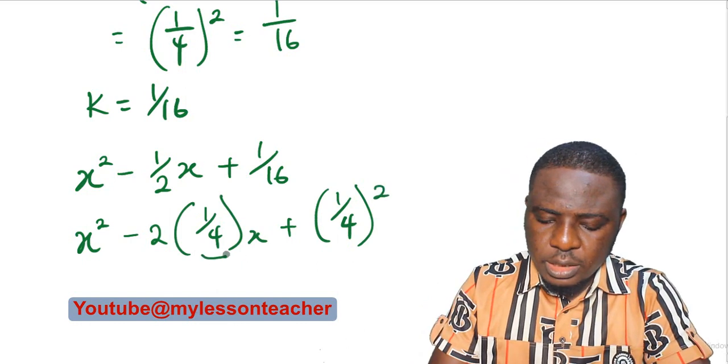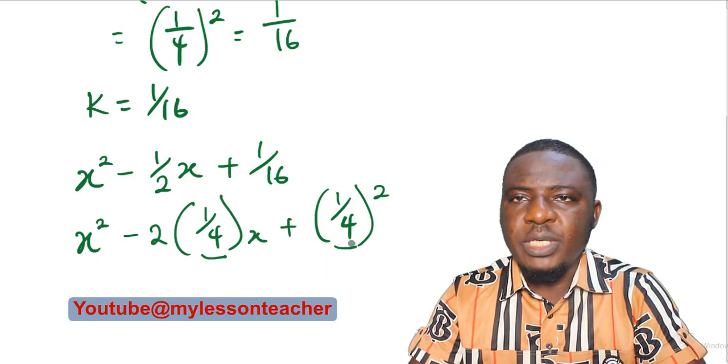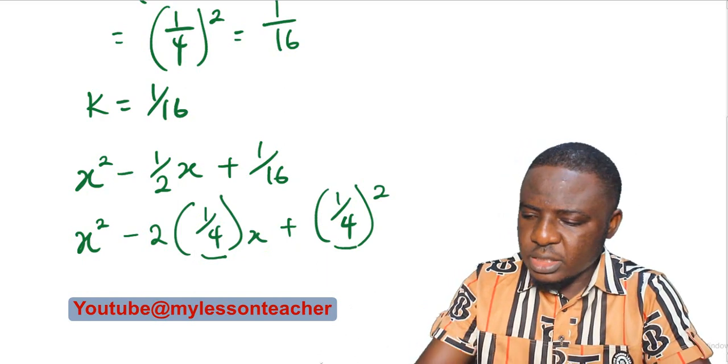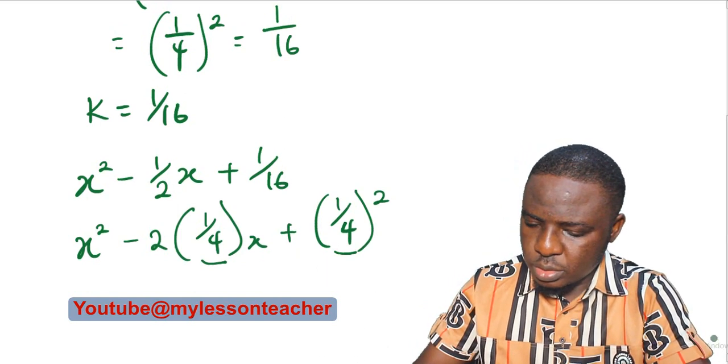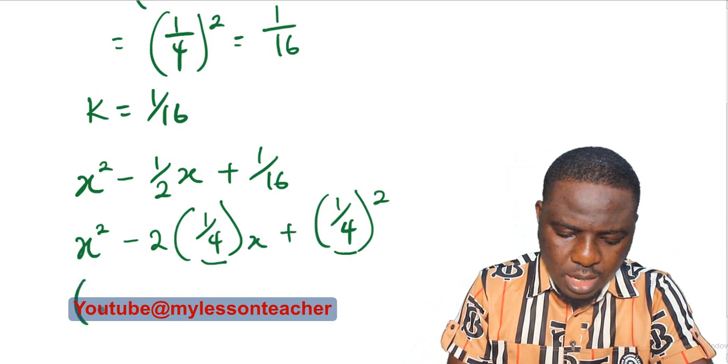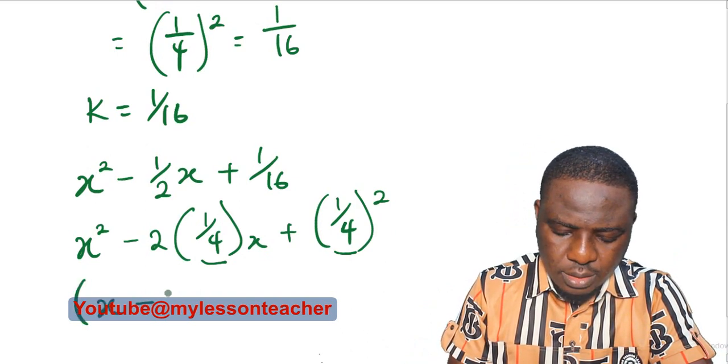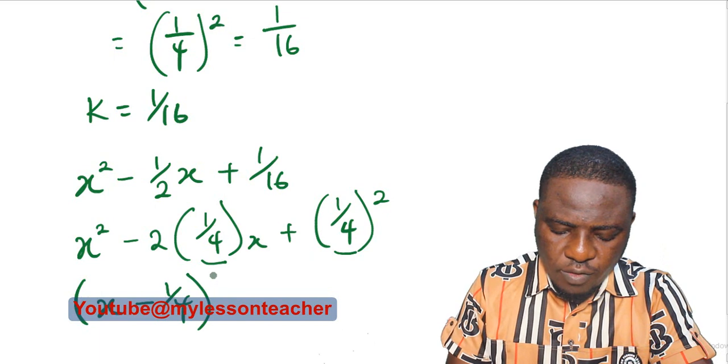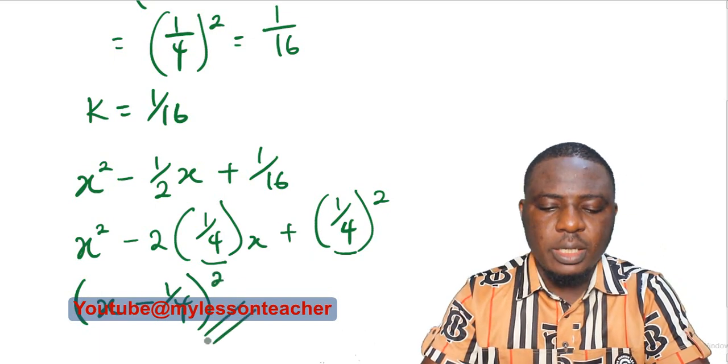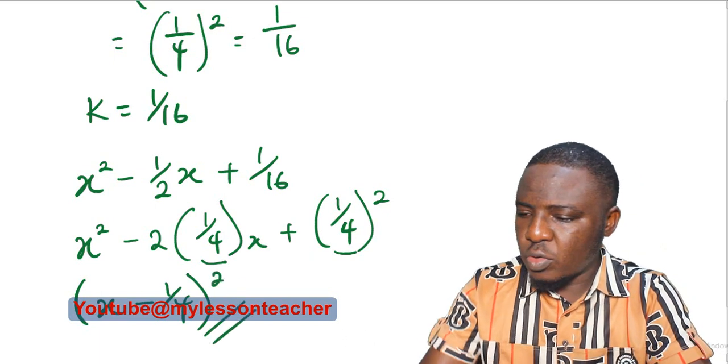Note that these two terms must be equal for it to be factorizable. So this becomes x minus 1/4 squared. So this is the factor.